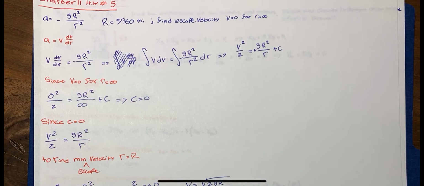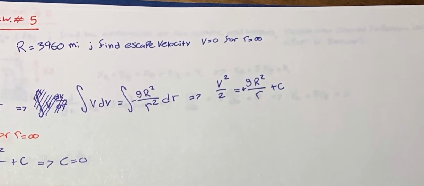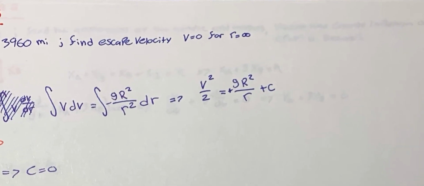And so once again, we know that acceleration is equal to velocity times the derivative of velocity with respect to the radius. Knowing that, we plug that in for a, put like variables together, and then integrate both sides, and we will end up with this equation here.